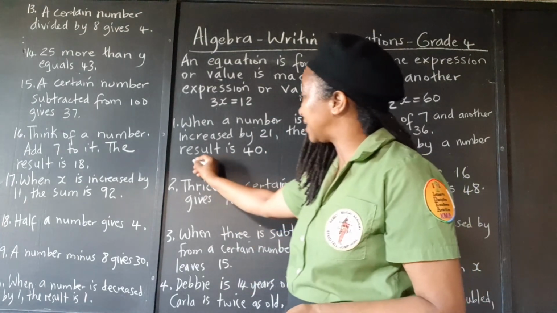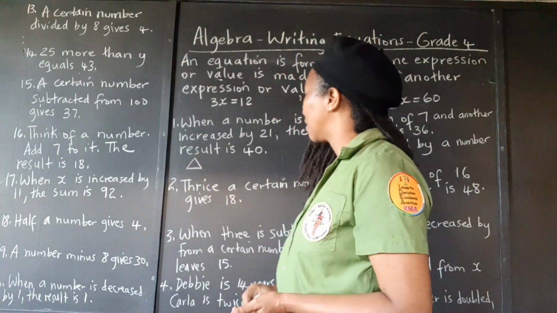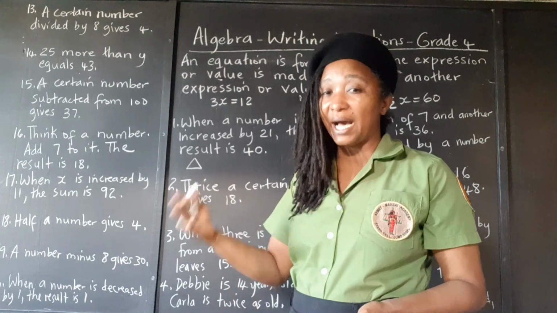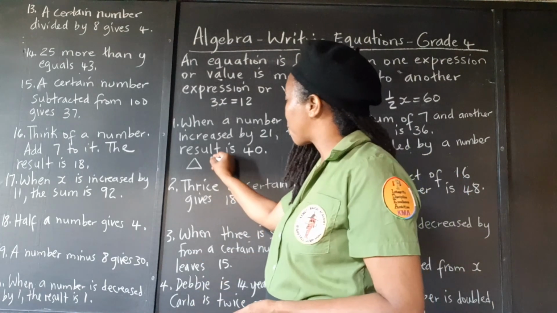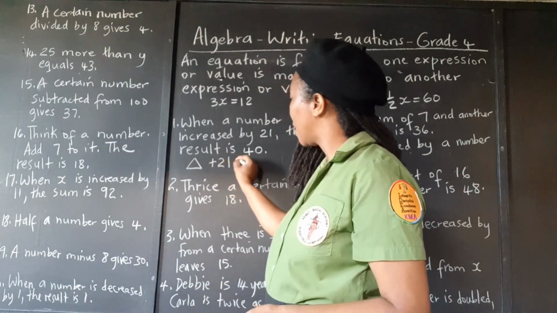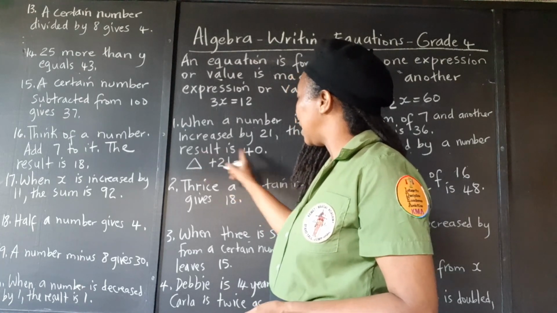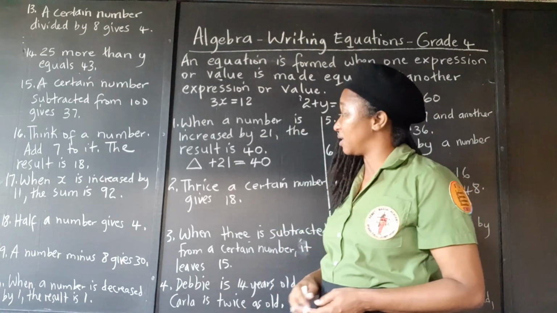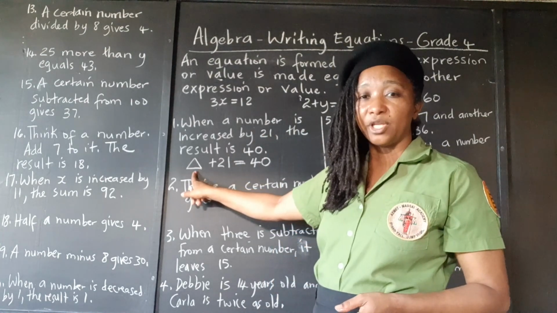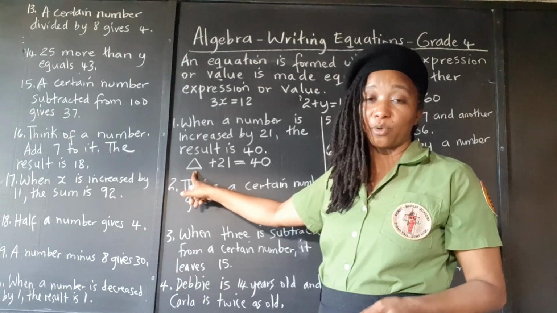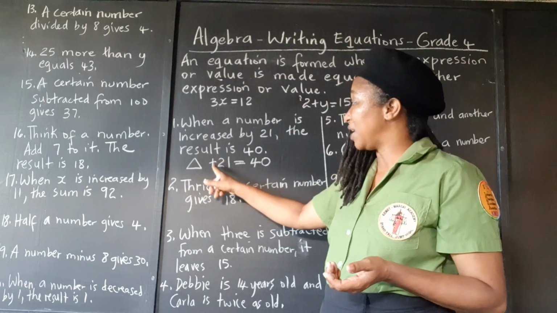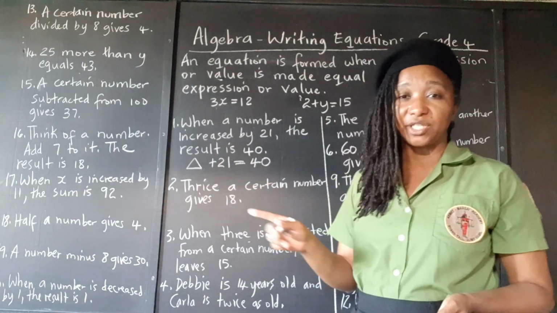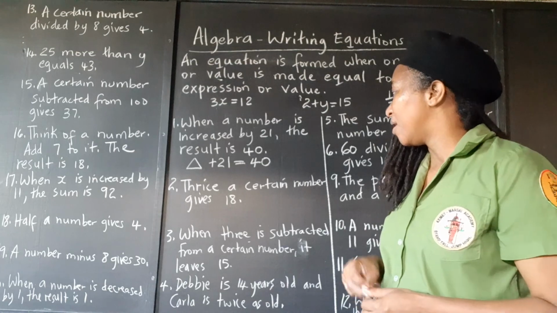So we're saying when this number is increased by 21, to increase something means to add to it. So it's increased by 21, the result is equal to 40. And that's how we would write that equation. That's our equation.